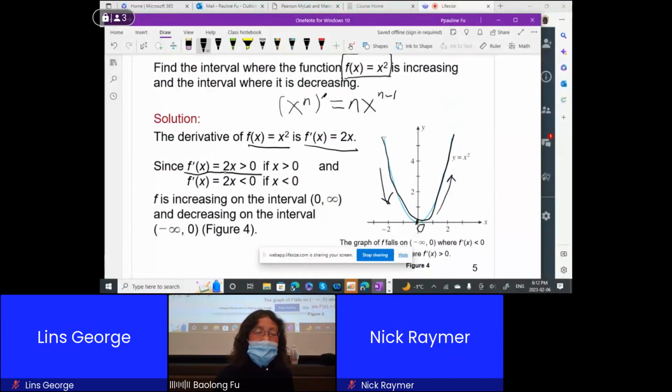So we solve this equation: 2x greater than 0, you get x greater than 0. And when derivative is smaller than 0, we get x smaller than 0. That's how we solve the increasing and decreasing algebraically without looking at the graph. We solve by finding the derivative first. When derivative greater than 0, it is increasing. Derivative smaller than 0, it is decreasing.